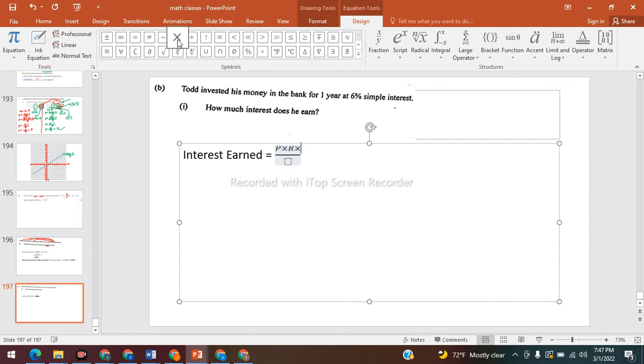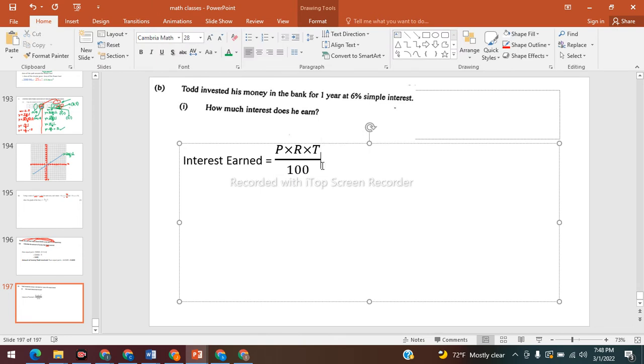PRT divided by 100, where P is the principal, R is the rate, and T is the time. Very good.